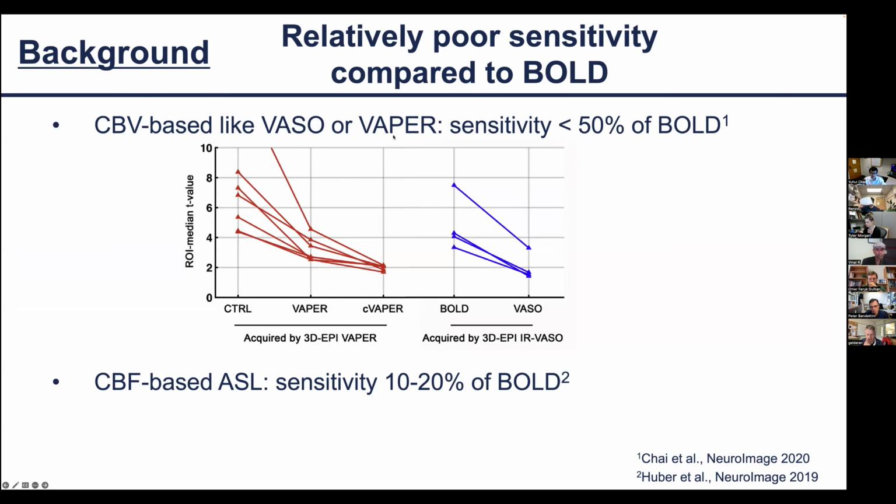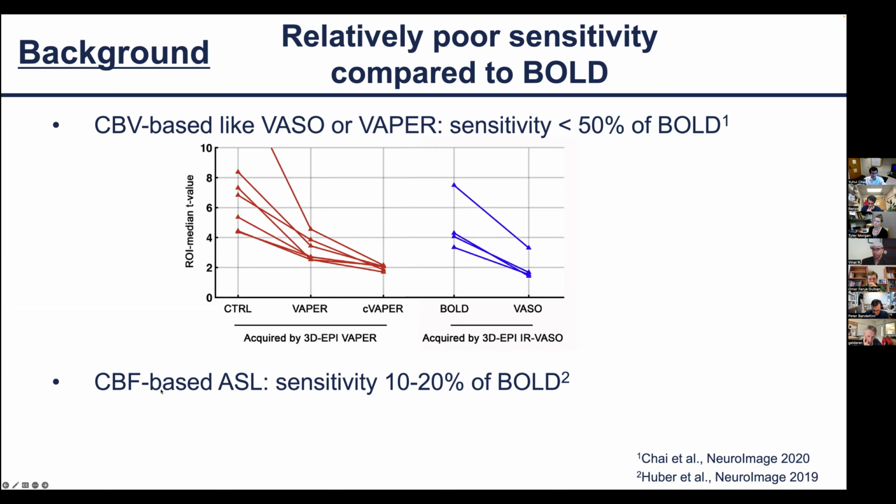In the original sequence design, if we compare to BOLD, the T value inside the activation region is around 6 to 7 for BOLD, but around 2 for VAPER and around 2 for VASO. So the sensitivity is around one third of BOLD.